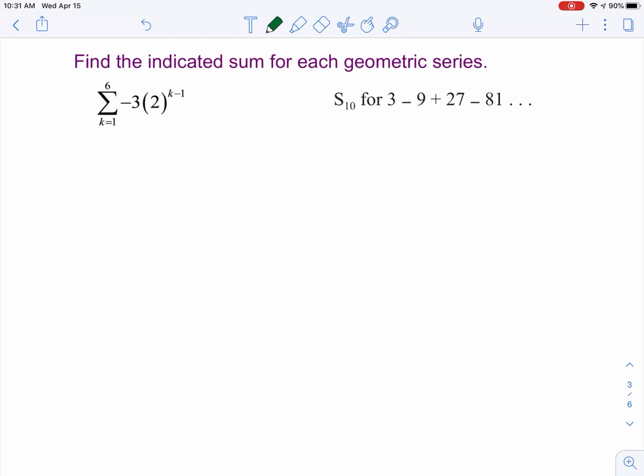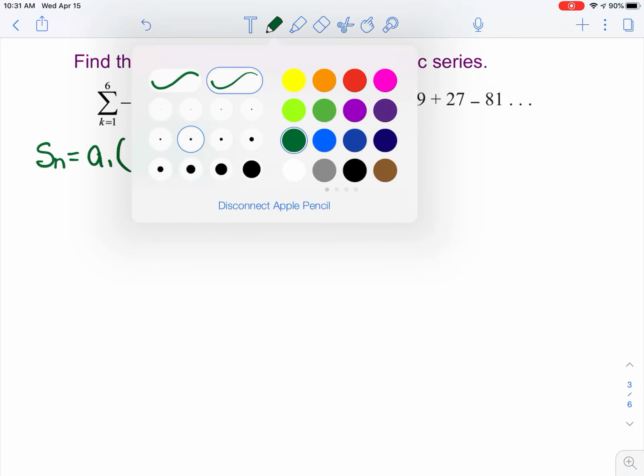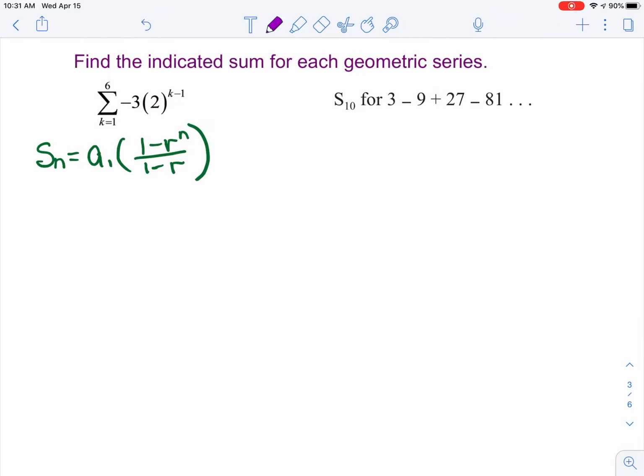Okay, our first problem is the summation as k equals 1 to 6 of negative 3 times 2 to the k minus 1. So let's write down our formula. S sub n equals our first term times 1 minus r to the n all over 1 minus r.